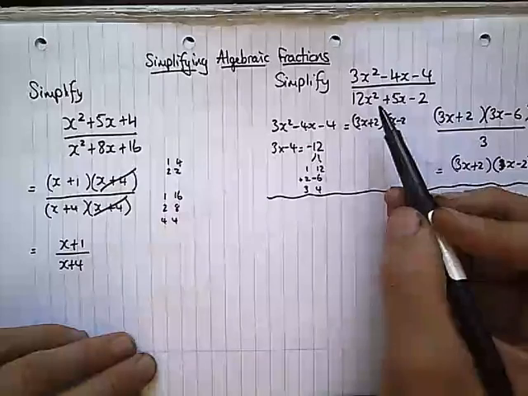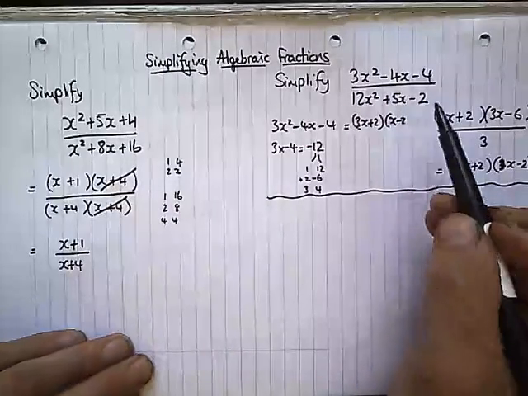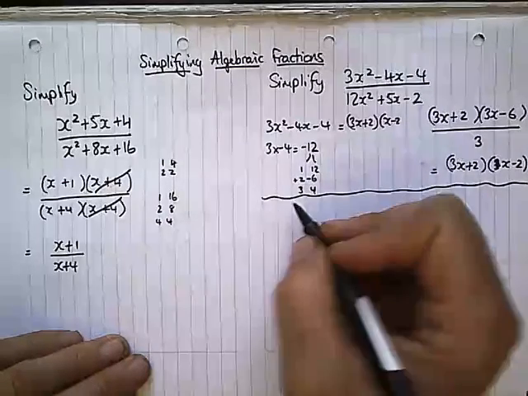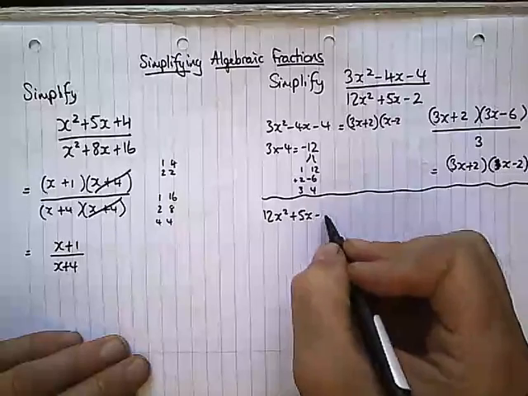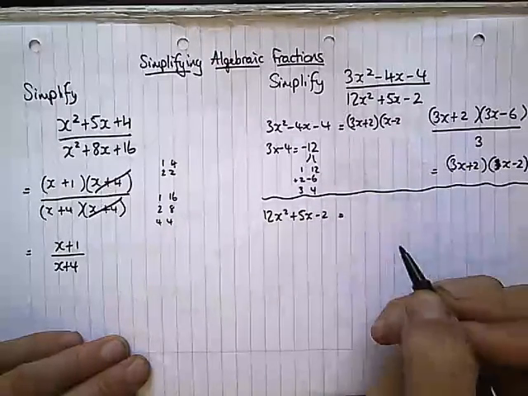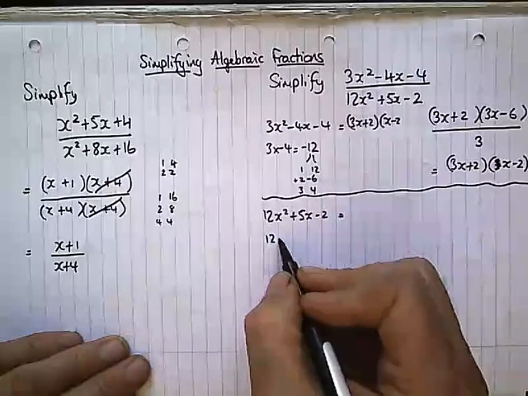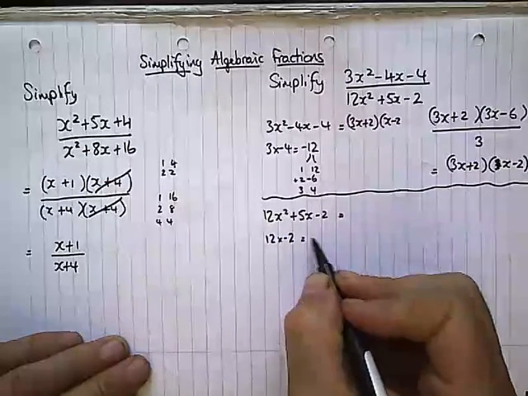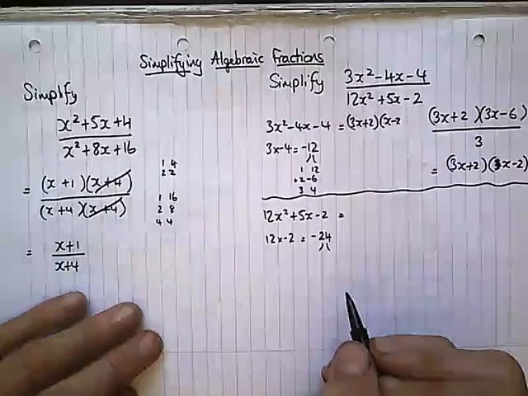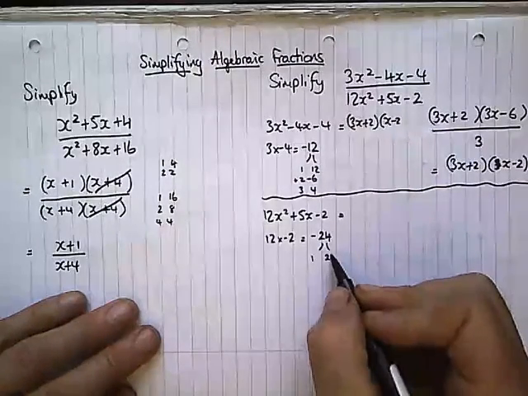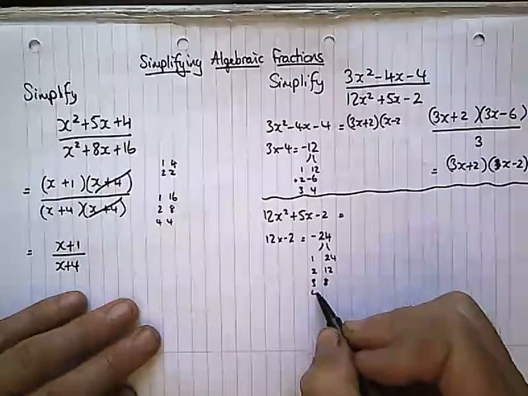I need to factorise 12x squared plus 5x minus 2. Okay, so we've got 12x squared plus 5x minus 2. So the first thing we do is we do 12 times minus 2. So 12 times minus 2 equals minus 24. Numbers that multiply to make minus 24 are 1 and 24, 2 and 12, 3 and 8, 4 and 6.